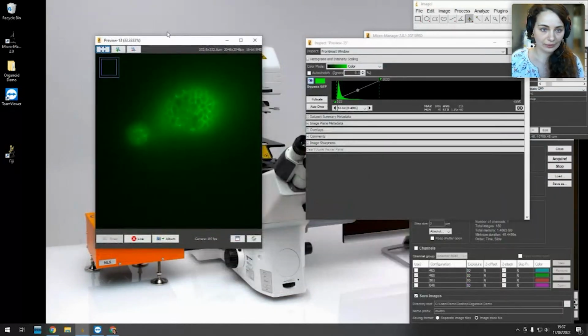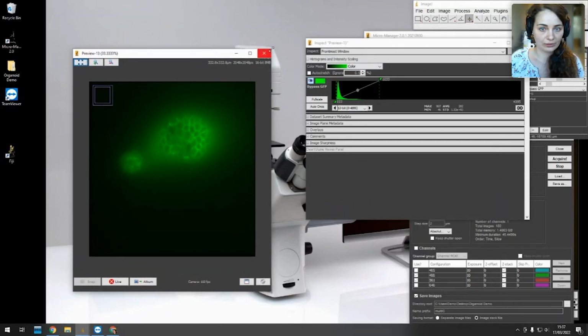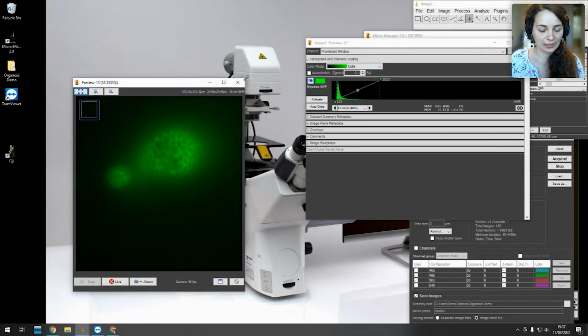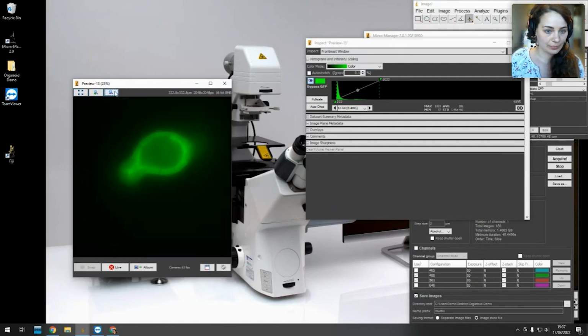I already got the image of the nice organoid. This is a mouse intestinal organoid, and membrane-bound E-cadherin was labeled with Amnion Green, which was mentioned in Daniel's presentation.